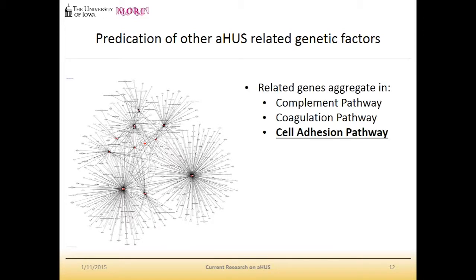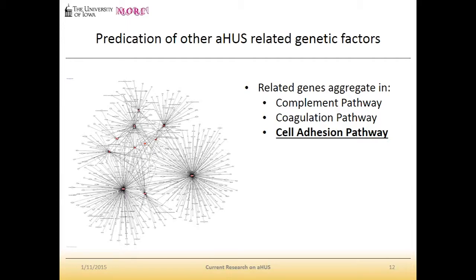Then I did an analysis called pathway analysis. Basically, it tried to find the general function of those black dots, all those genes I found. Not surprisingly, I found the complement and coagulation pathways, because the known genes come from these two pathways, and it's easy for me to find other interacting genes from these pathways. But to my surprise, I found a pathway we never thought about.